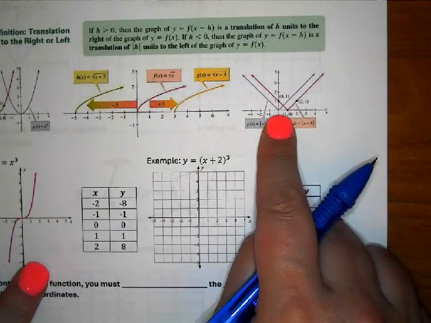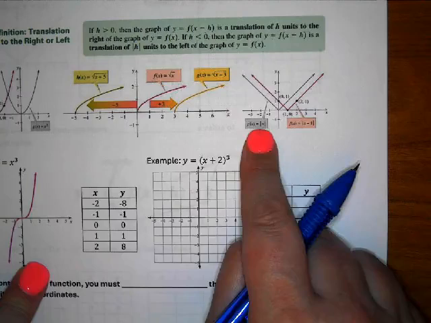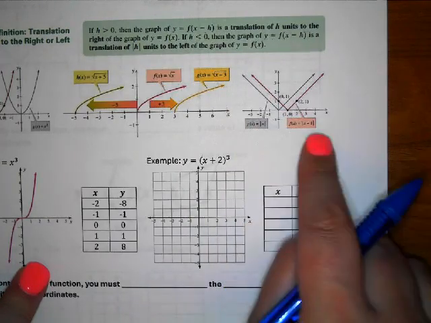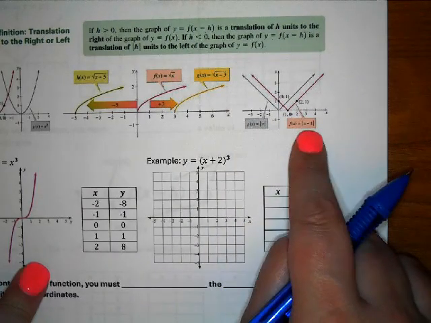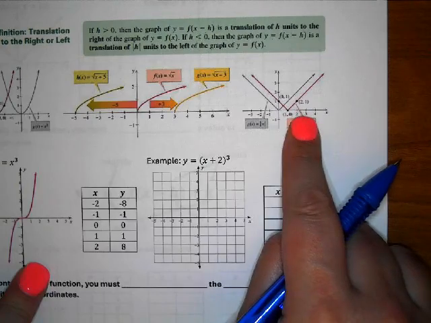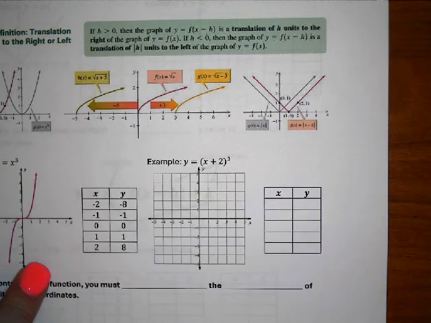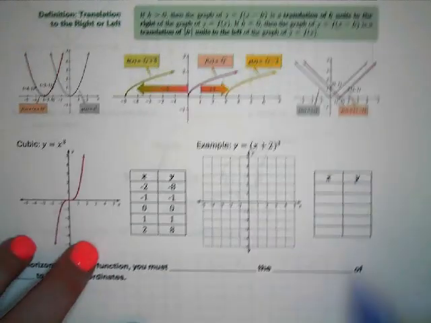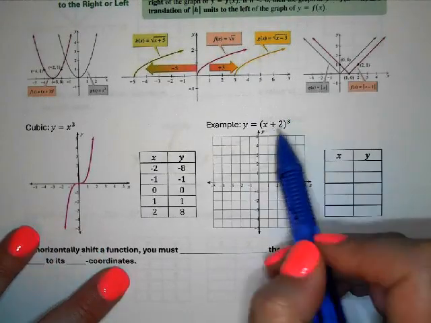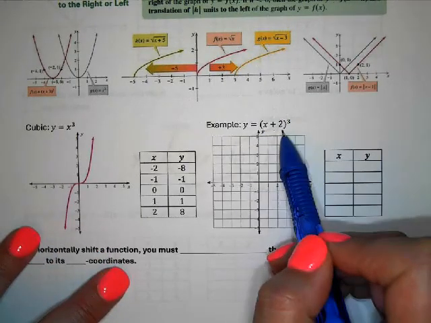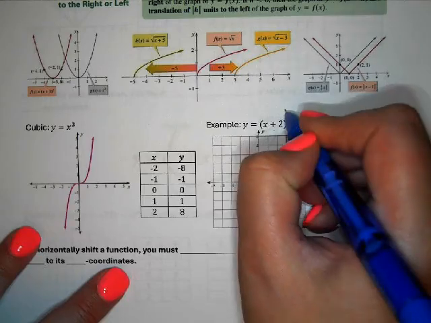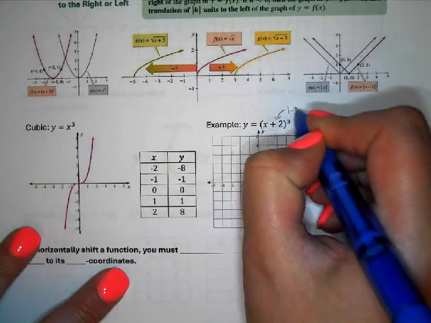We have absolute value of x, that's the gray one. And then when it says absolute value of x minus 1, it shifts it to the right. So it's always kind of the opposite of what you would think. So this graph right here, it says parentheses x plus 2 cubed. Since it says plus 2, this would be shifting to the left 2.